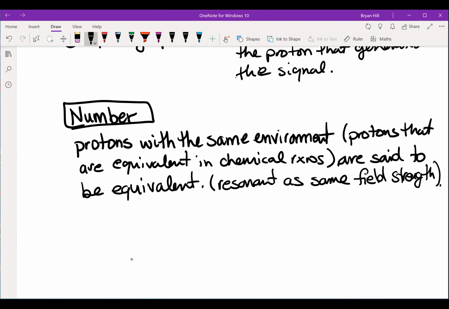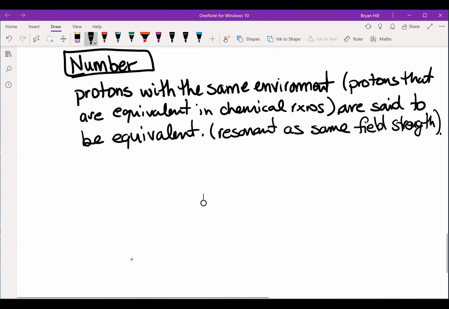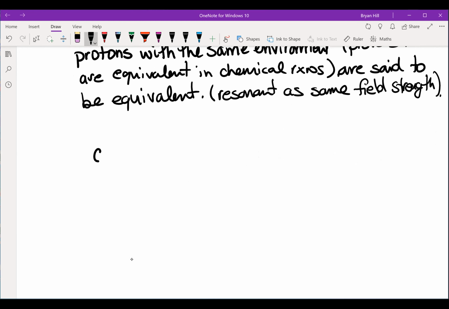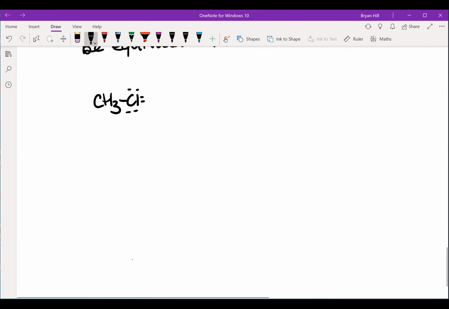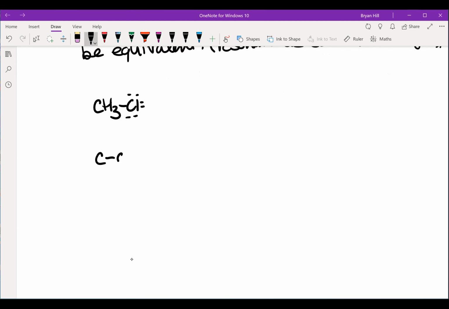So what's a good example? If I've got CH3Cl, so methyl chloride, there are 3 protons here, right? Let's draw them. Carbon's tetrahedral, there's 3 protons there. My question is, are these 3 protons chemically equivalent?